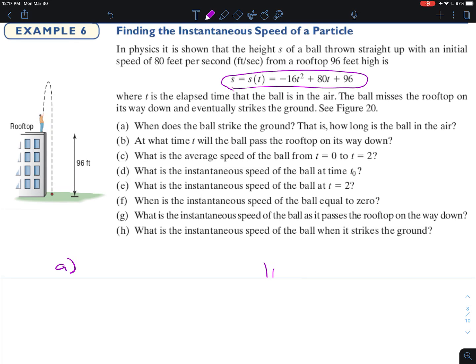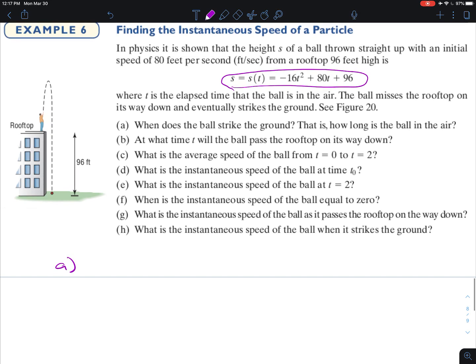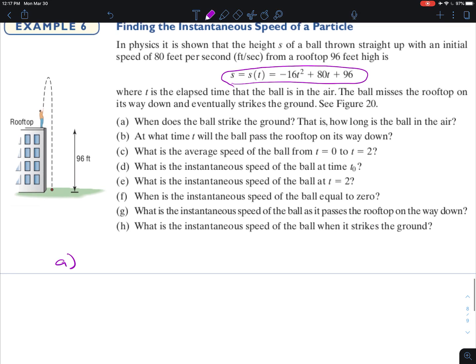T is the time that the ball is in the air, and s of t is the speed at that particular time. So a bunch of questions here, many of which are the same in nature. But the first one is, when does the ball strike the ground? And that would be when this equation equals 0.